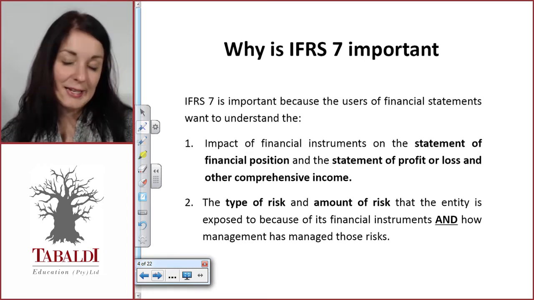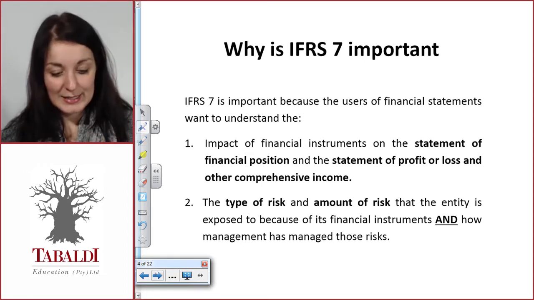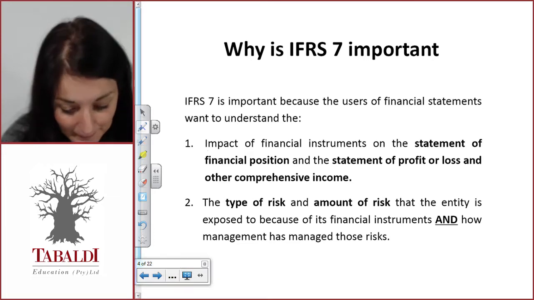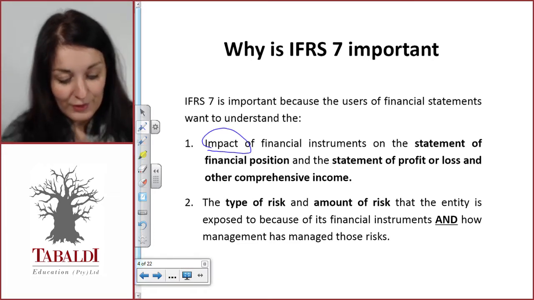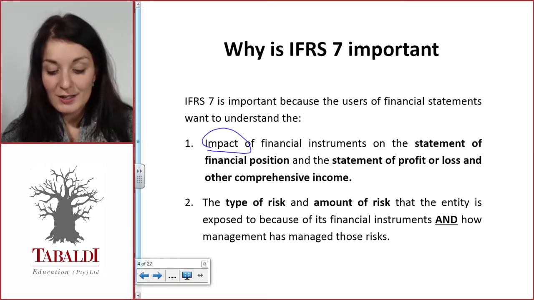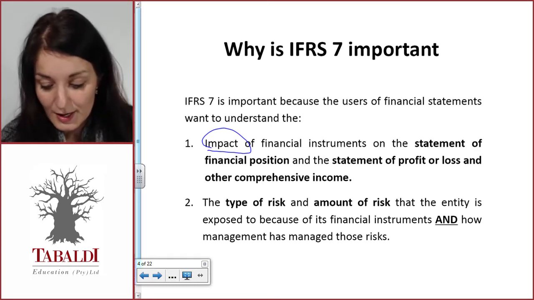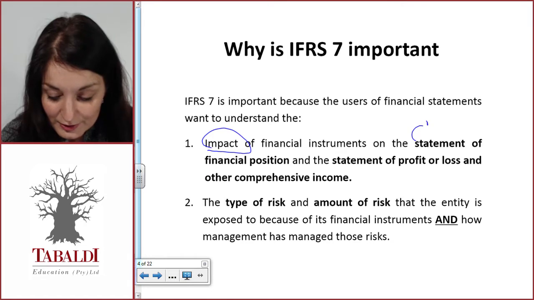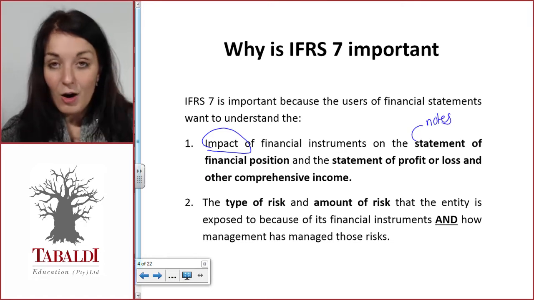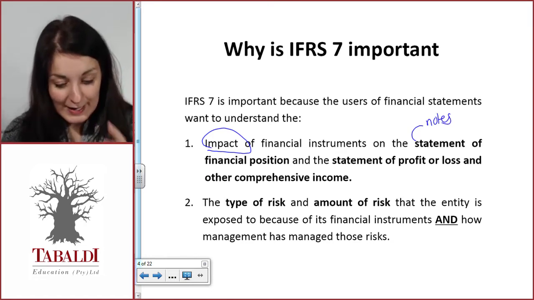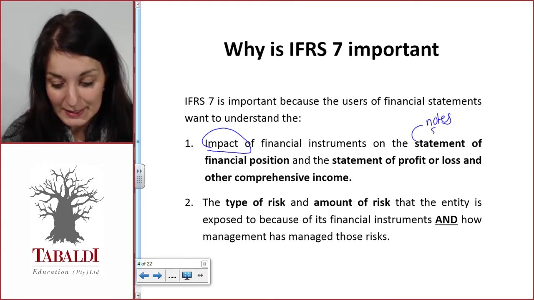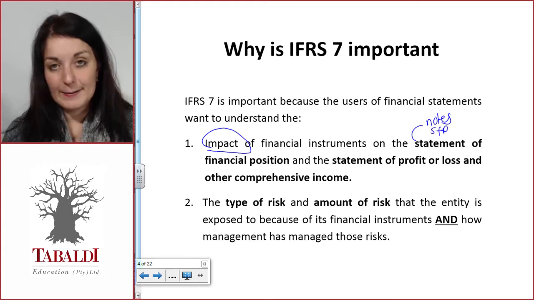They need to understand what the impact of the financial instruments is on the statement of financial position. So we need to disclose in the notes how the statement of financial position has been impacted by the financial instruments.